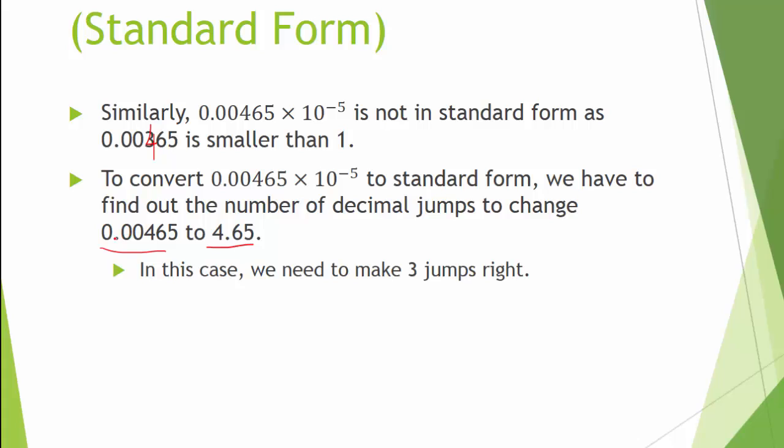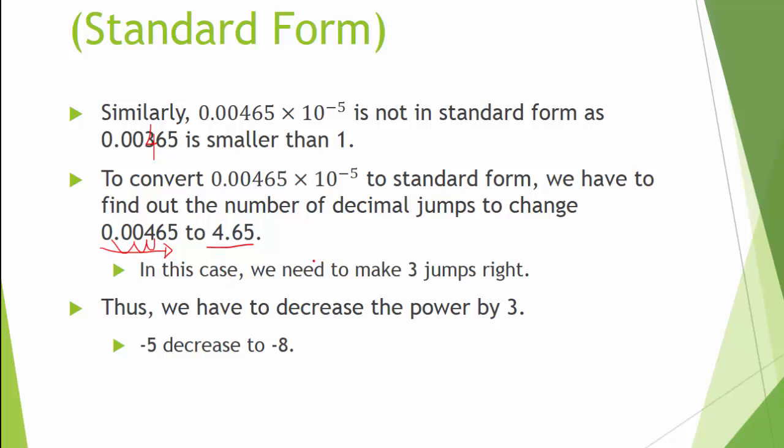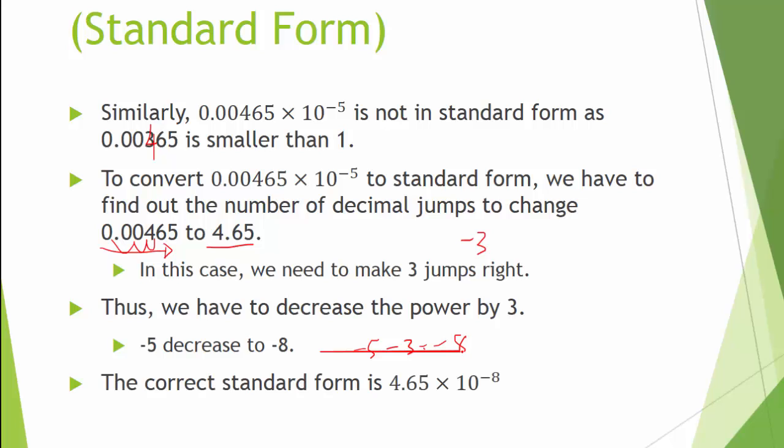So in this case, you need to jump 3 steps, 1, 2, 3. But in this case, it's towards the right. So for this case, this is the opposite. If you need to jump towards the right, it is -3. -5 decreased by 3, so you find that it is -8. So the correct standard form is 4.65 times 10 to the -8.